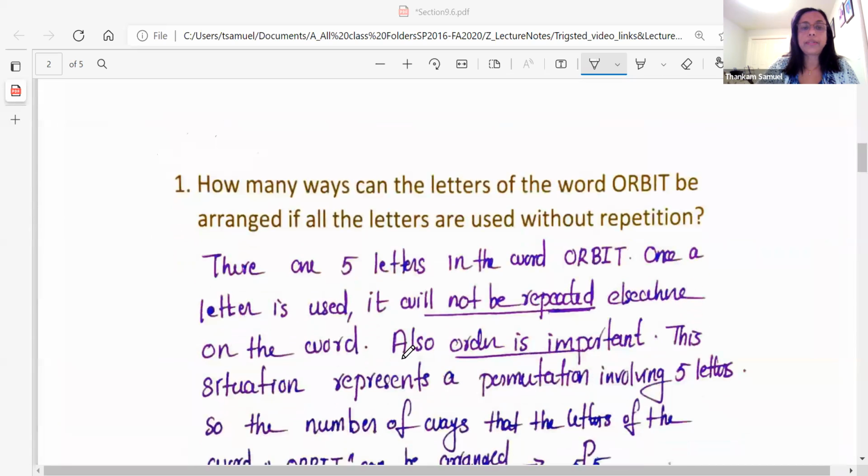Let's consider this example. How many ways can the letters of the word orbit be arranged if all the letters are used without repetition? So we know that in the word orbit, there are 5 letters. Once a letter is used, it will not be repeated elsewhere in the word.